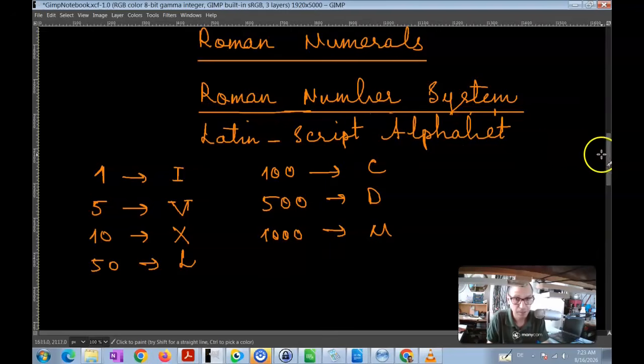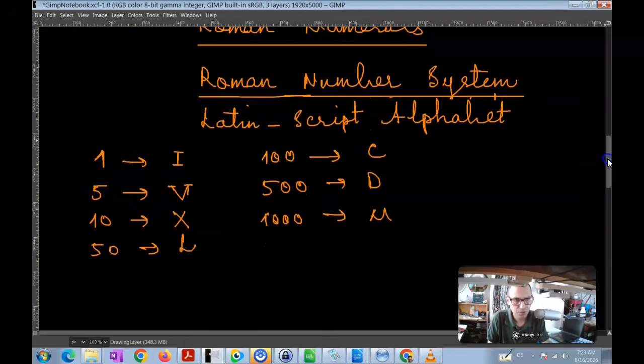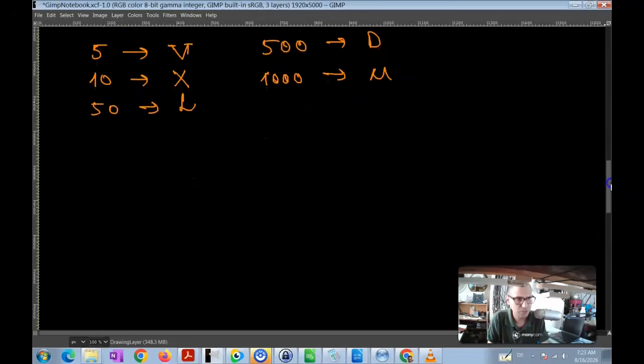Now the important thing about the Roman number system is that since it's not a positional number system, there has to be some way to write your numbers down. In the decimal number system we write, for example, 232.